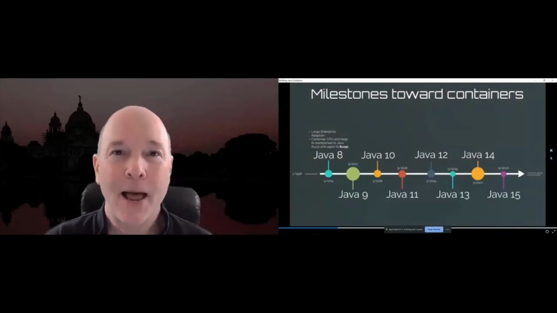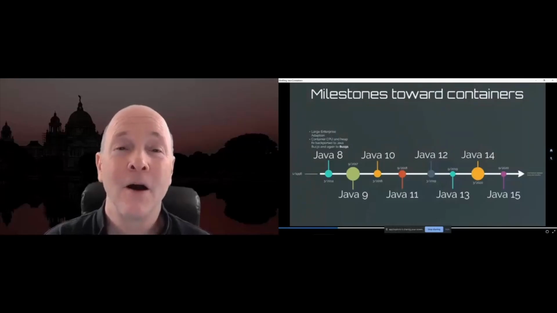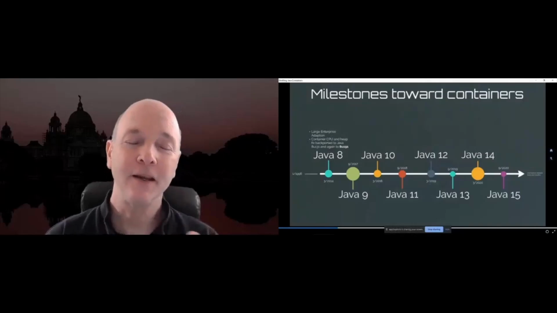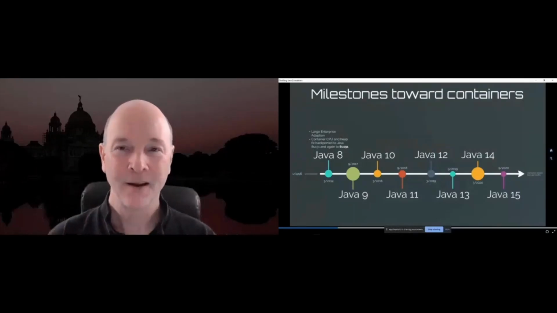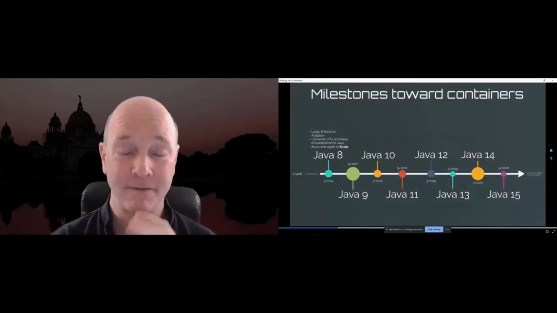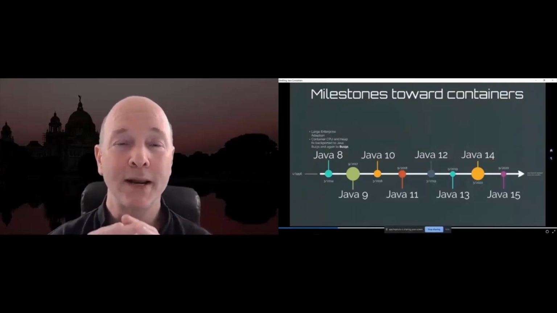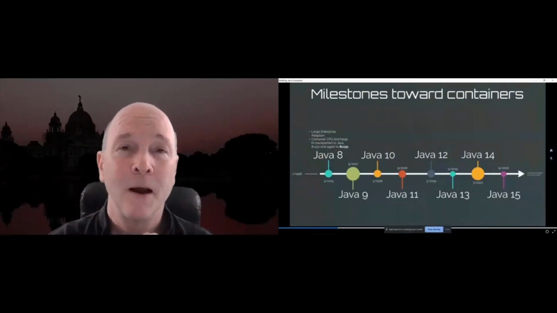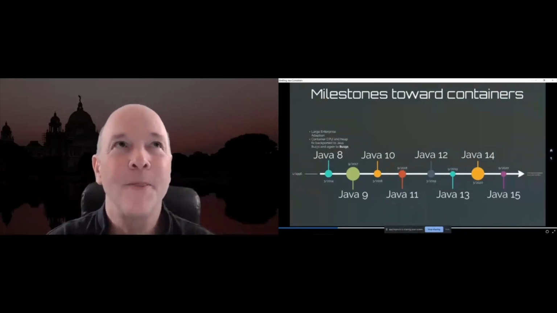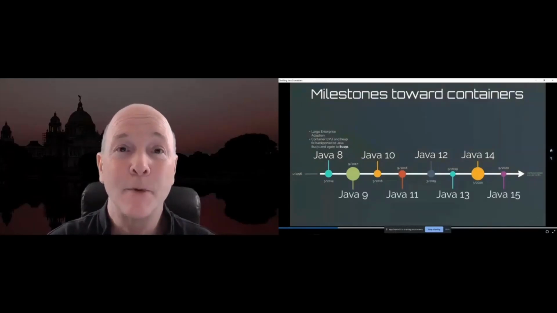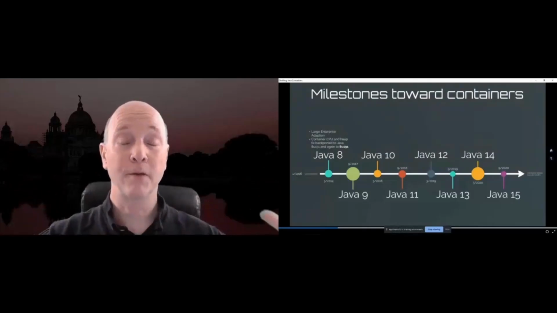When you ran an application inside of Java in the JRE, and the JRE was inside of the container, the container would normally get a slice of memory. And that slice of memory from the host operating system was what is available to the container. There was a defect, essentially, within the JRE that when it looked at the memory of the computer, it didn't see the memory of the container, it saw the memory of the whole computer, of the whole host.